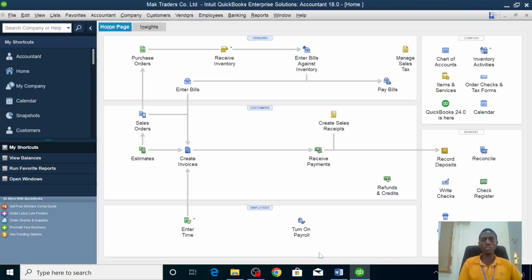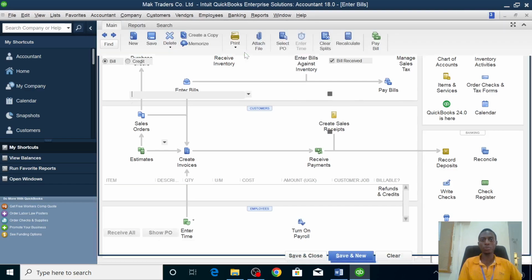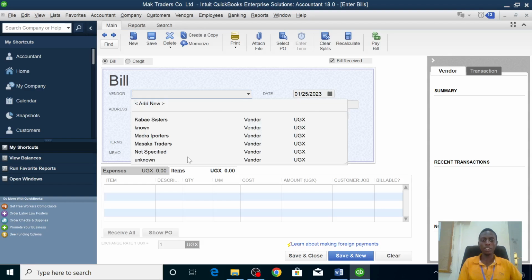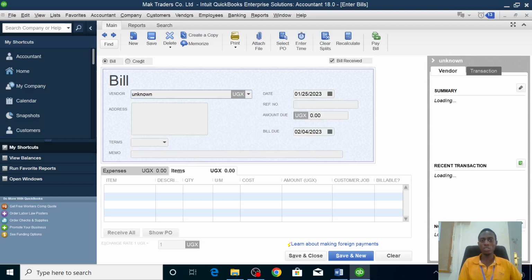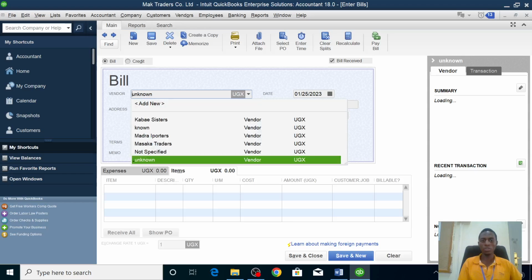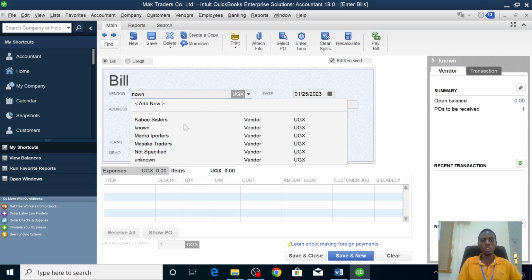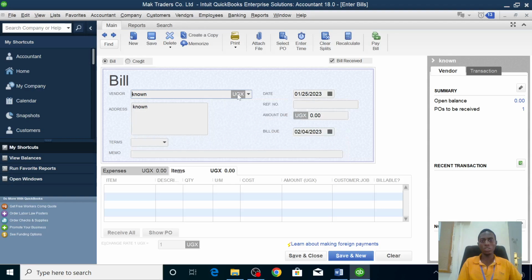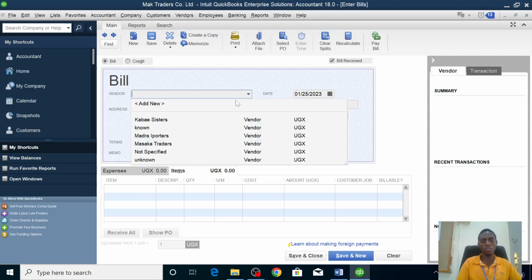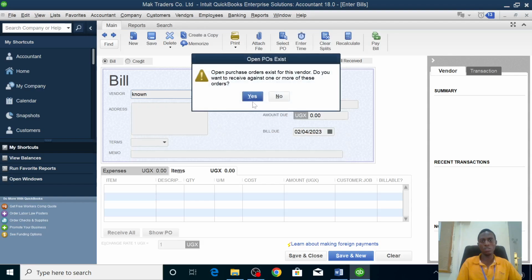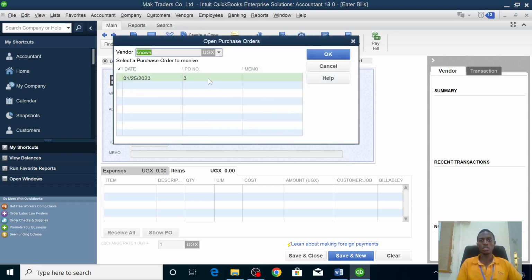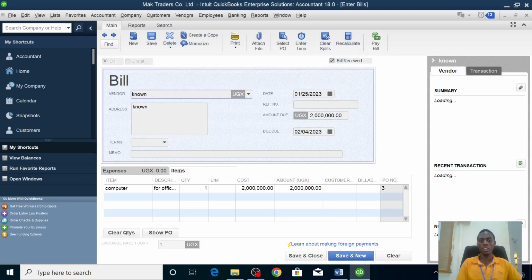I save and close, come here and receive the computer from my vendor, unknown. My computer from unknown. I say yes, click here, okay. And I receive my computer.